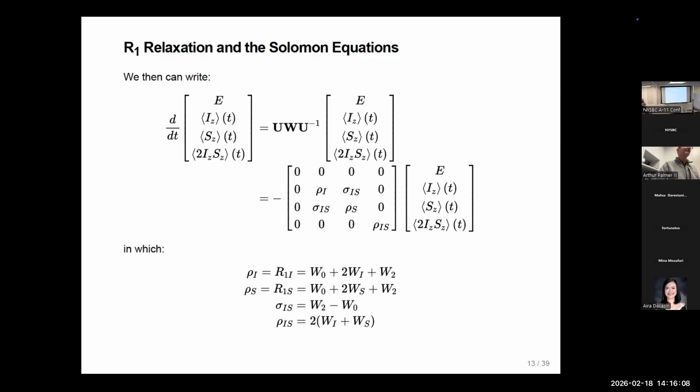At least for solution NMR, there's only one process that leads to this, and that's the dipole-dipole interaction between the I and S spin. So if there's a dipole-dipole interaction, that Hamiltonian leads to eventually relaxation rates W, where W2 minus W0 can be different from zero. There's conditions in which it is zero, but there are also conditions under which it's not zero.